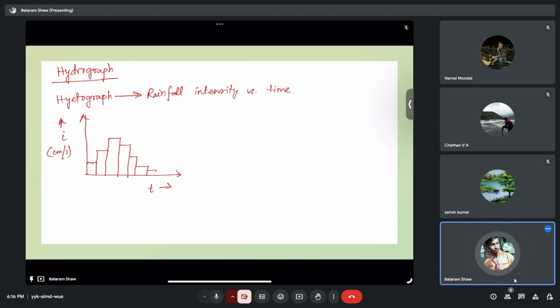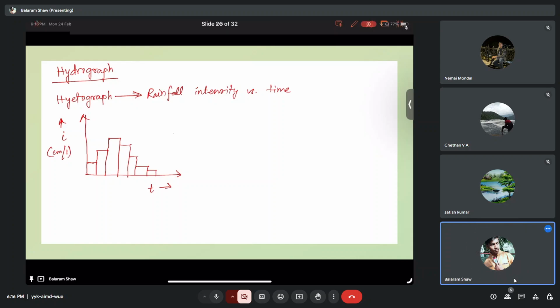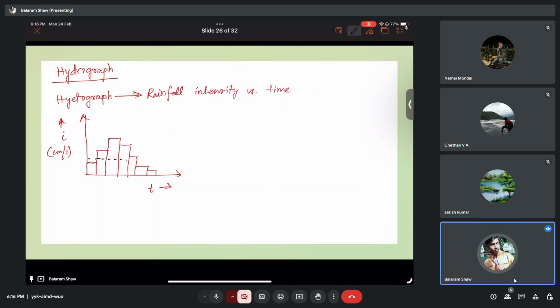We also have seen the phi index or W index, the infiltration index. Whatever we have above this index, we call the rainfall excess or effective rainfall, right?